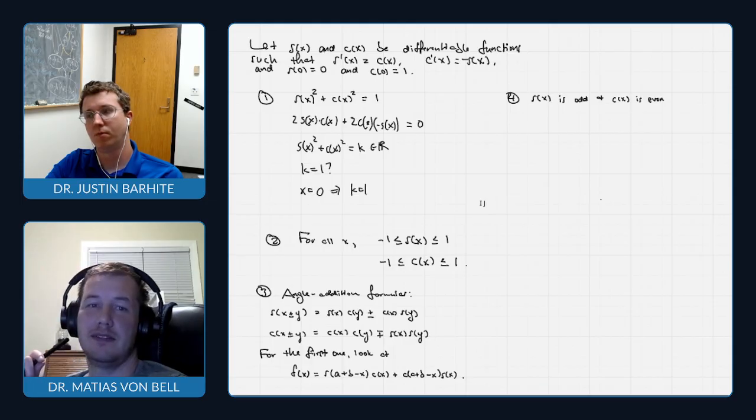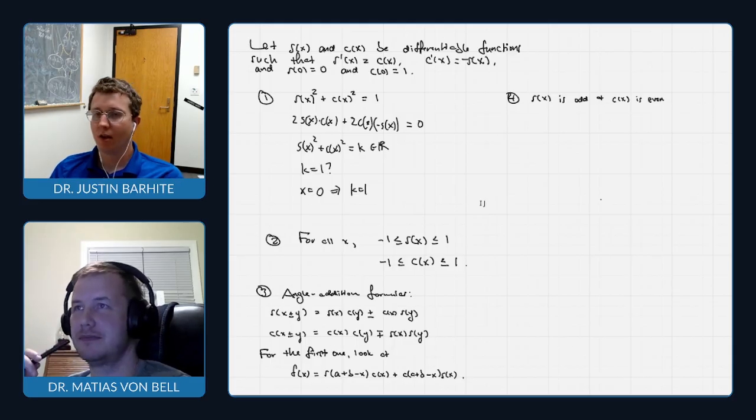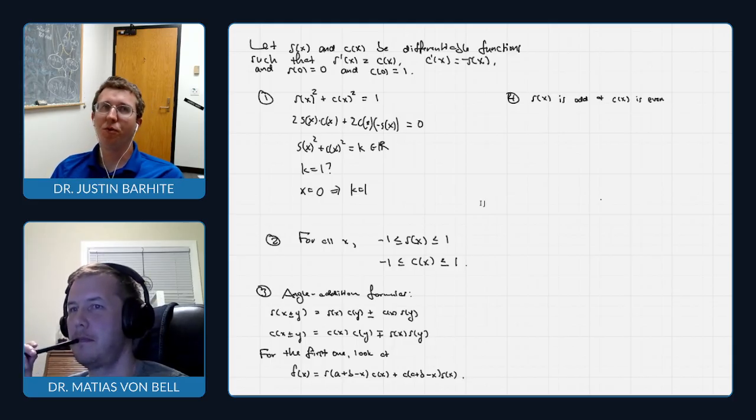Well, we need to know the values of sine at 2 pi. Yeah, we need to know the values of s and c at 2 pi, but what I'm getting at is we need to say what pi is. From one point of view that is kind of silly, but this is an interesting question.